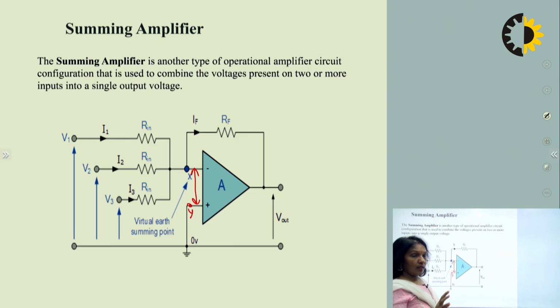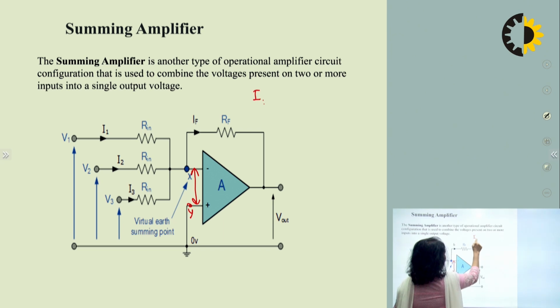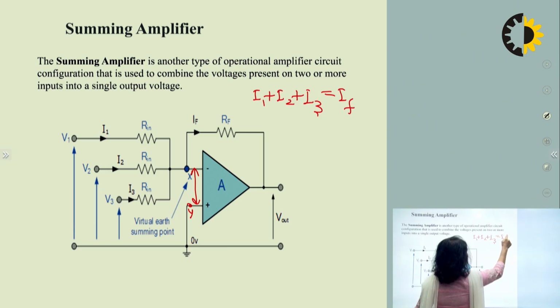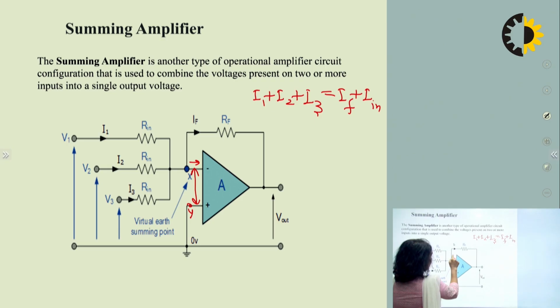Writing the current equation, it will be I1 plus I2 plus I3, and that will be equal to IF plus IN. So IN is the current which is flowing here.